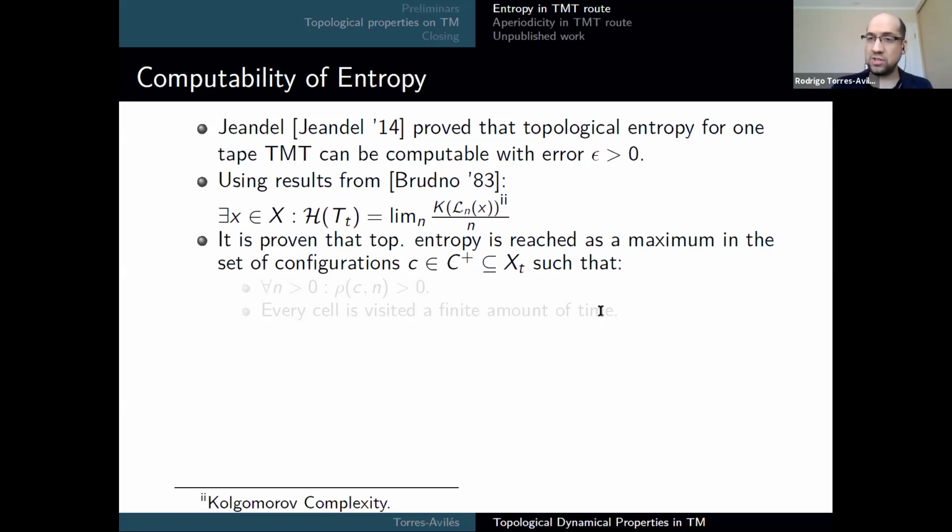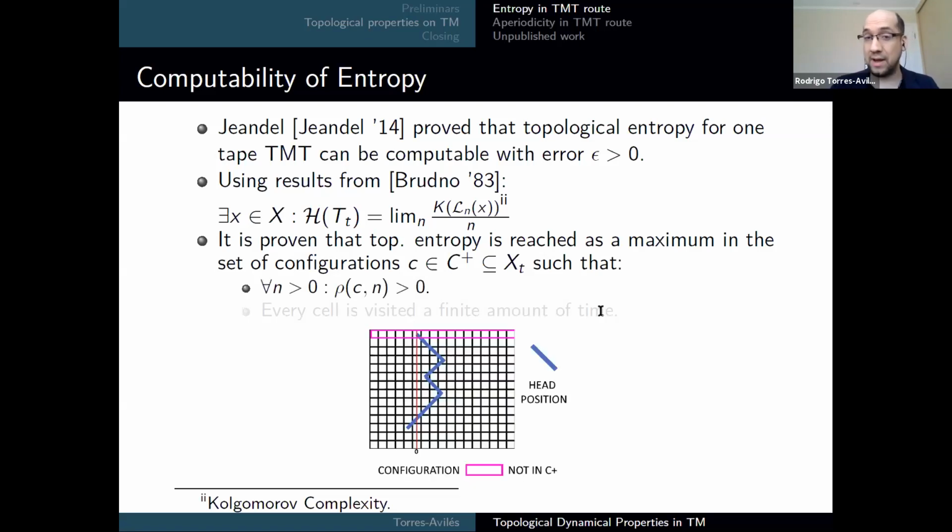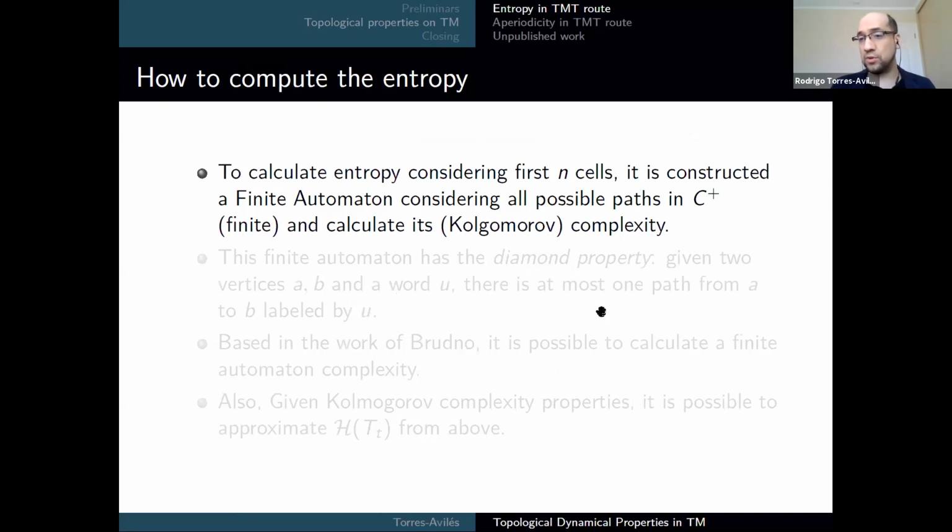The set of configurations C+ is the set of configurations that never get to position -1, or relative position -1. And the evolution of this kind of configuration always touches every bisected cell a finite amount of time. Then the evolution goes indefinitely to the right, never returning. So with this kind of configuration, it's possible to construct a finite automaton.